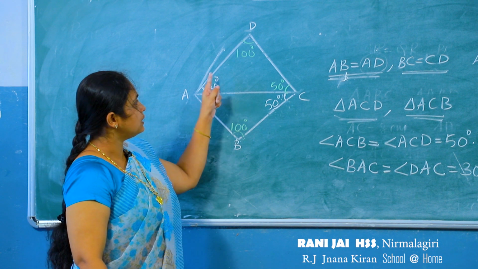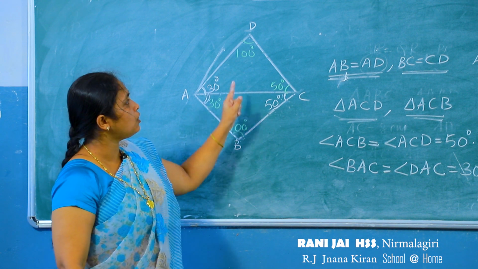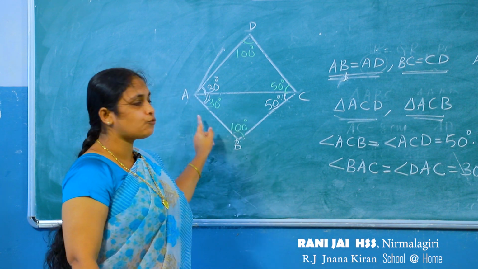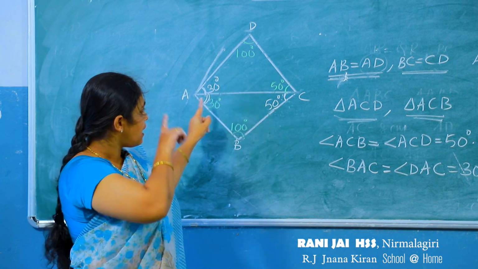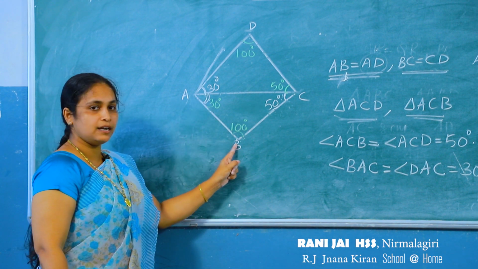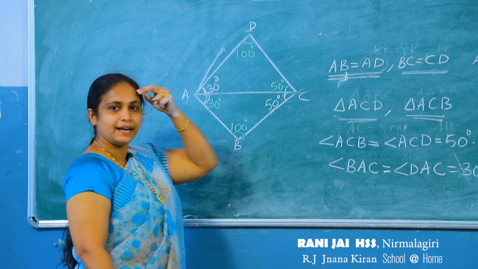Okay. Therefore, we have to find out all angles of this quadrilateral. What are the angles of quadrilateral ABCD? The angles of quadrilateral ABCD are angle A, angle B, angle C and angle D.